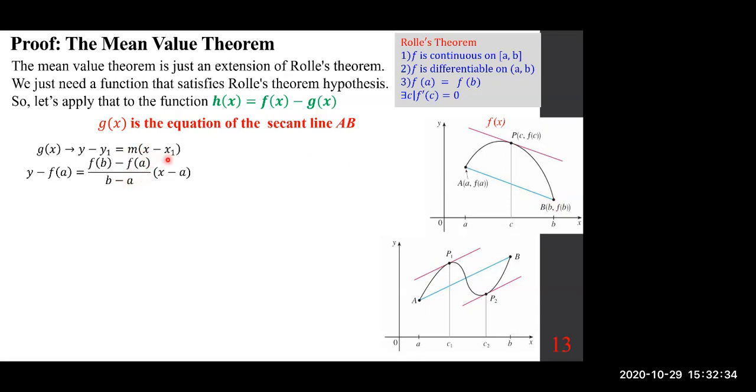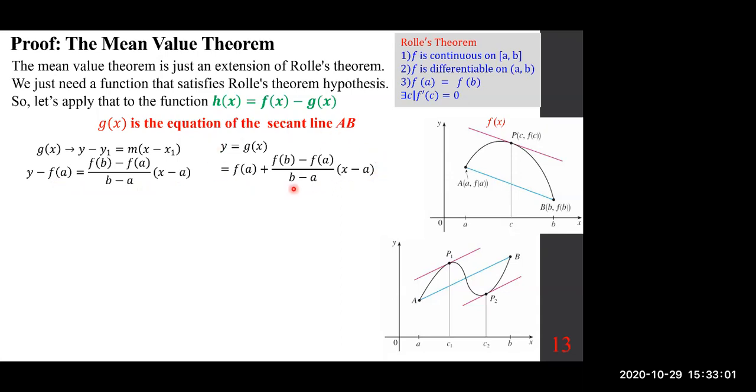Times x minus x sub 1, x minus a. I hope everybody can see that this is nothing but the point-slope form. Therefore, y or g of x is this right side, and move minus f of a, make it plus f of a on the other side. So y or g of x is just moving f of a. This is it.